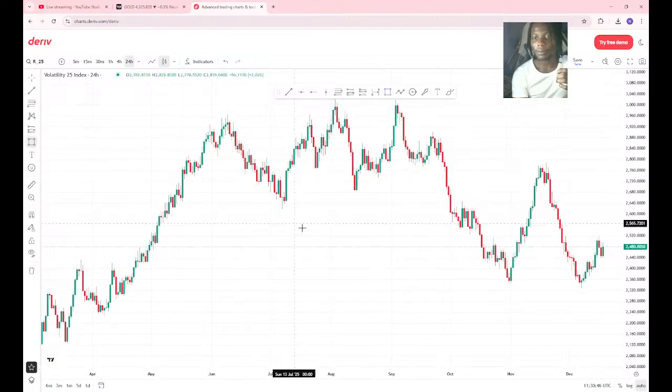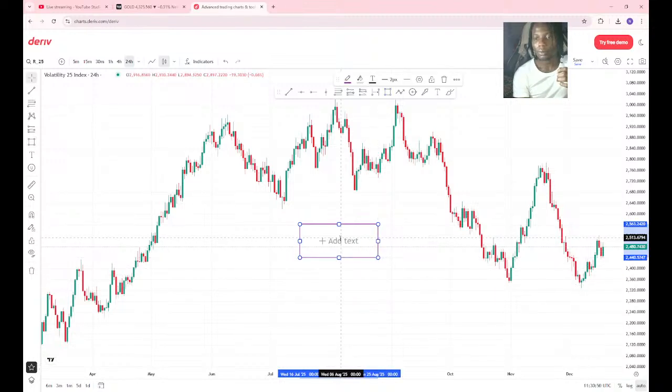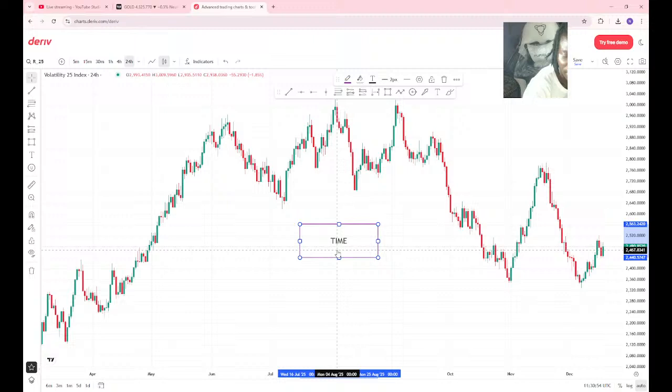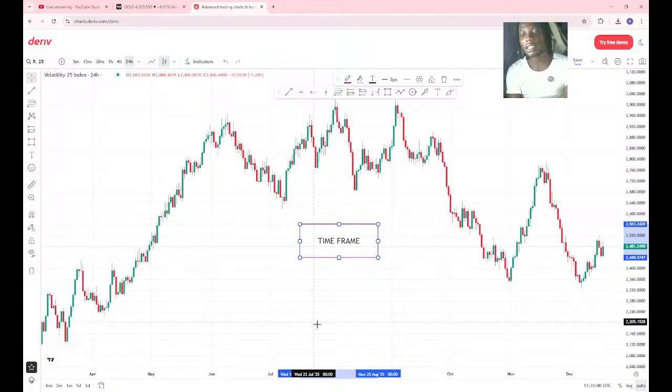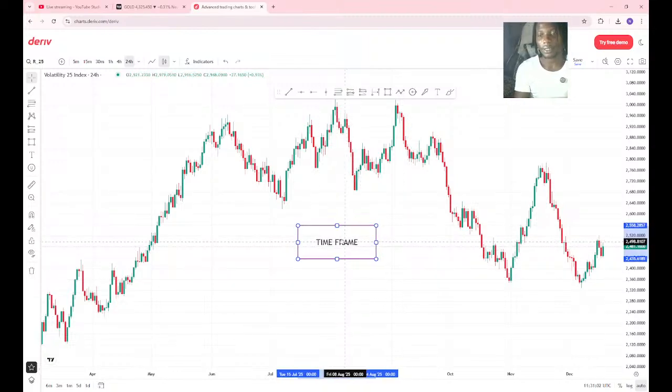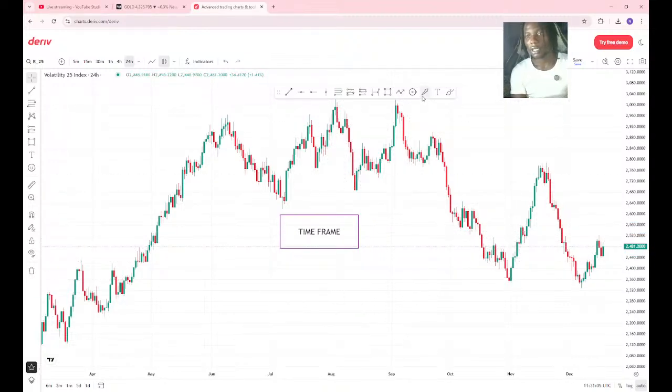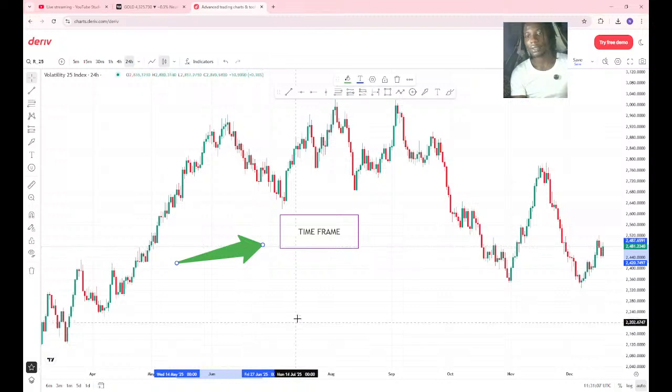Sorry about that. So we say each time frame, right, let me write this out. So we say each time frame carries what? A trend. Okay, each time frame, yes, carries a trend.